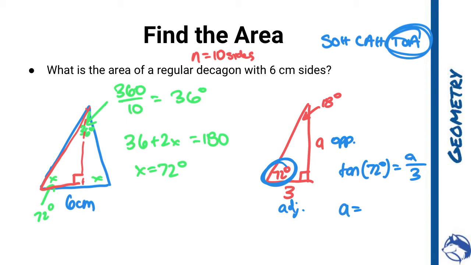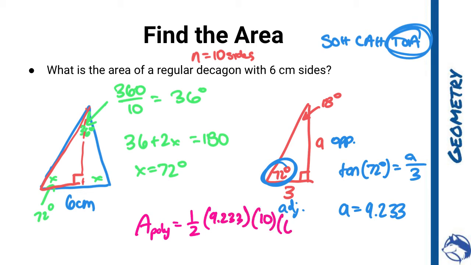I plug this into my calculator and I get my apothem, because I can do just 3 times the tangent of 72. I get 9.233. So overall, the area of my polygon has to be equal to 1/2 times my apothem, so 9.233, times the number of sides, which is 10, times the side length, which is 6.